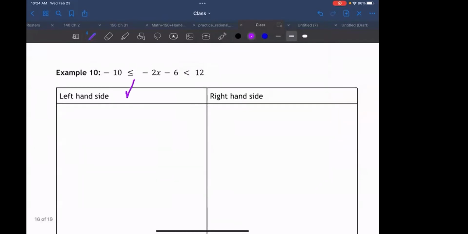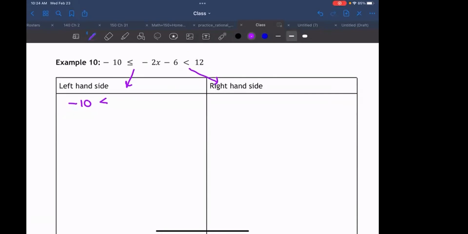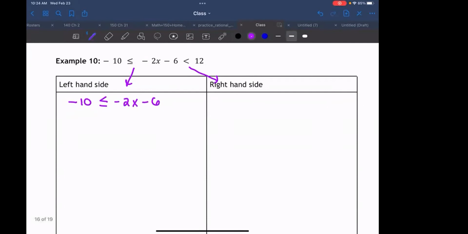So I'm going to have a left-hand side and a right-hand side. For the left-hand side, I'm just going to write the same inequality, but take out that less than 12. So I'm ignoring the whole right-hand side. I literally just took the left-hand part of the inequality and ignored the less than 12.